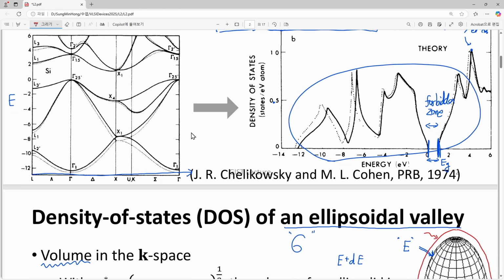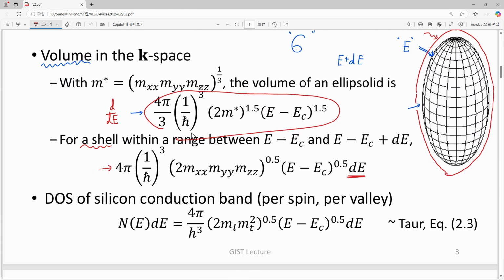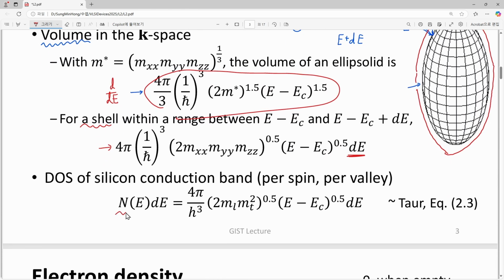So now you can see that the density of state multiplied by this energy difference is simply given as this form. Here we have some quantity, and this quantity corresponds to the cube of our effective mass.